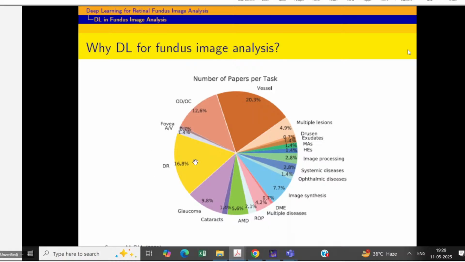So if the person has both conditions, diabetic retinopathy and cataract together, your model is not able to detect both at a time, because you have two separate models, one for diabetic retinopathy and one for cataract. So we want to design a model which can detect multiple conditions at a time. That is our goal here. It's a very important problem statement, and very limited work has been done to date.